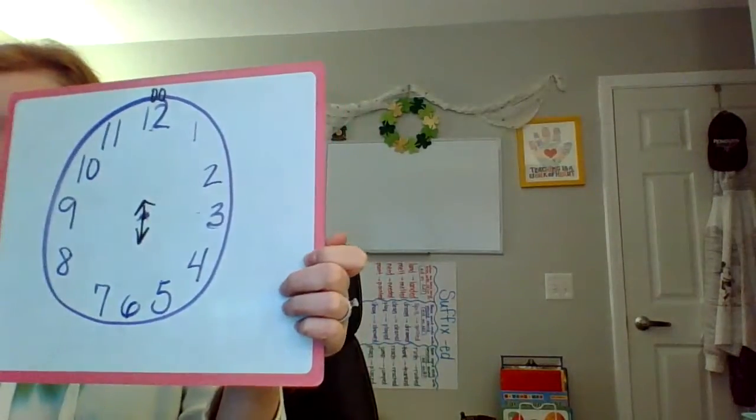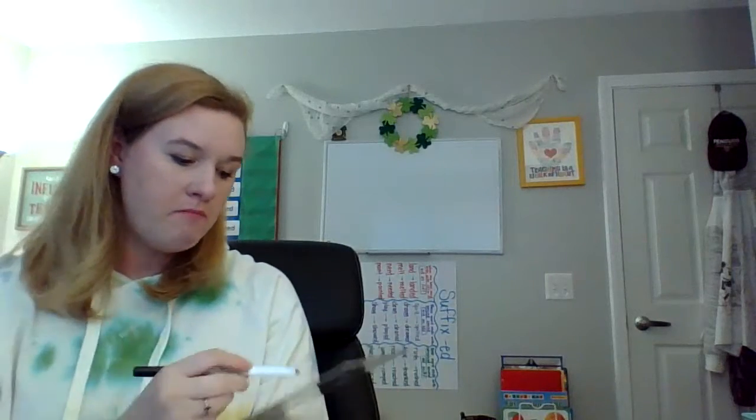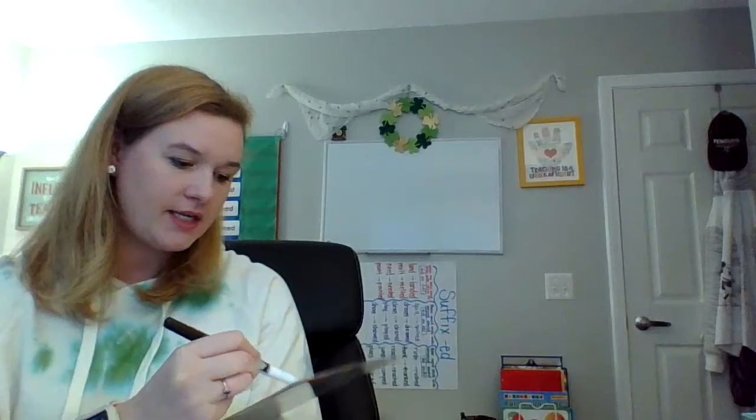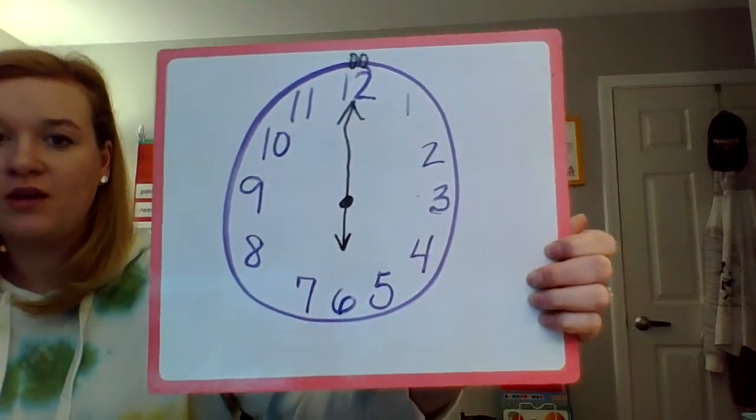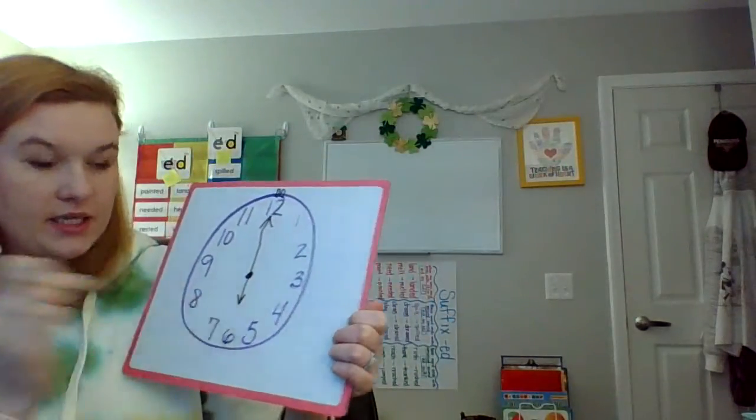You also don't want to put two short hands. That's not going to help you figure out the time either. You want to make sure that if it's 6 o'clock, your longest hand goes up to the 12. Yes, I had an oops and I made it curvy. That's okay. And then your short hand points directly to the 6.